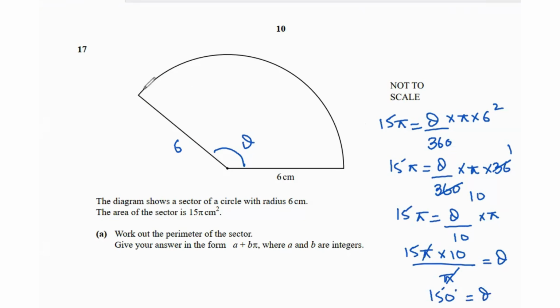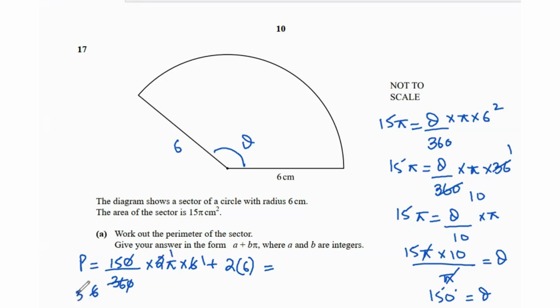Now for the perimeter, we need the arc length and the radius is already given. So perimeter is going to be 150 over 360 times 2 pi r, which is 6, and then twice the radius, which is 2 times 6. Cancel out the zeros again. 6 ones are 6, 6 sixes are 36. 2 ones are 2.